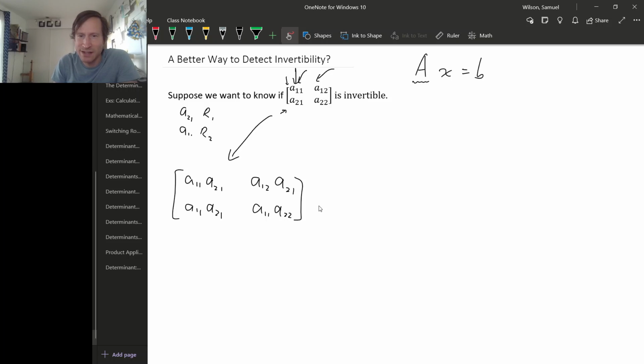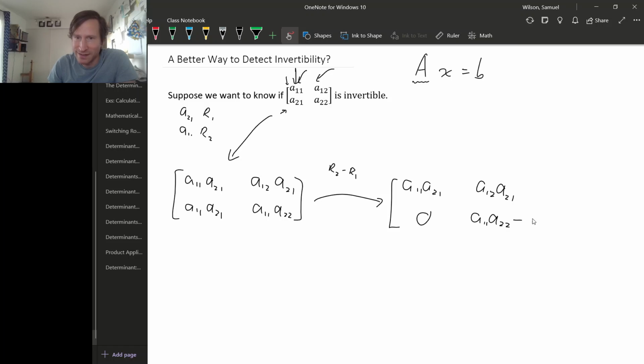Okay, so then the next row operation would be to use the top left to zero out the bottom left. So we're going to do row 2 minus row 1. This gives us A11 A21, and then A12 times A21. And now when we do row 2 minus row 1, this bottom left entry zeroes out. And then in the bottom right, we have A11 times A22 minus A12 times A21.